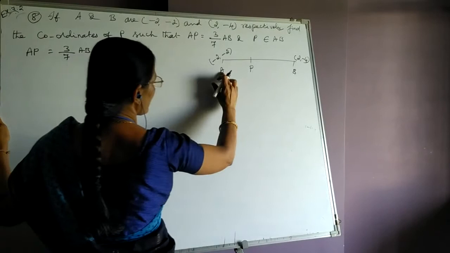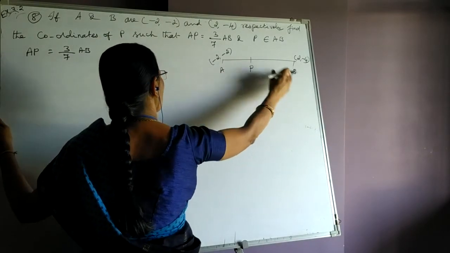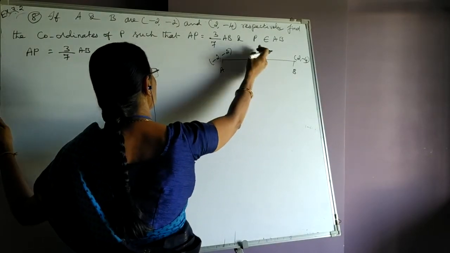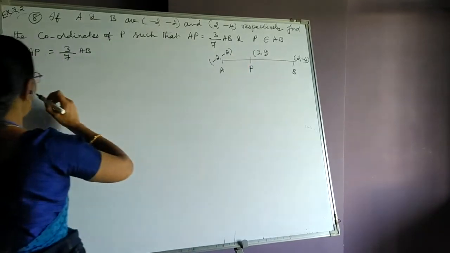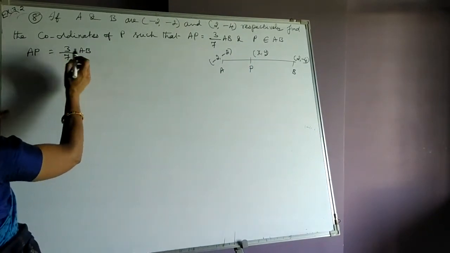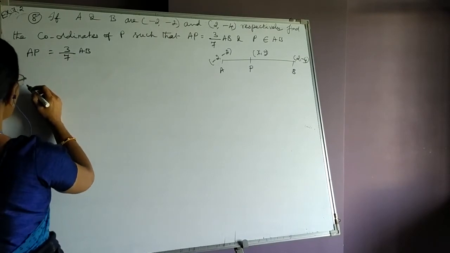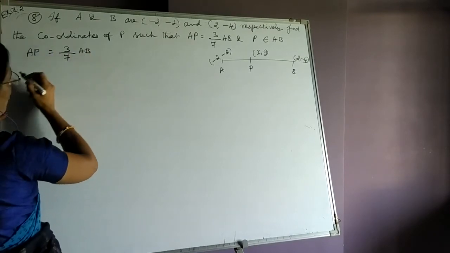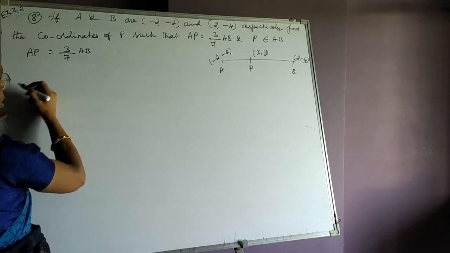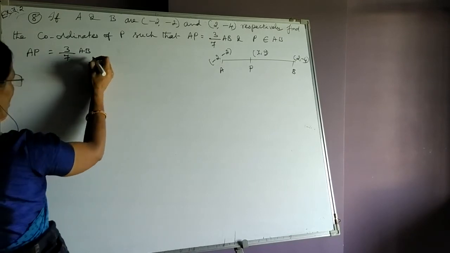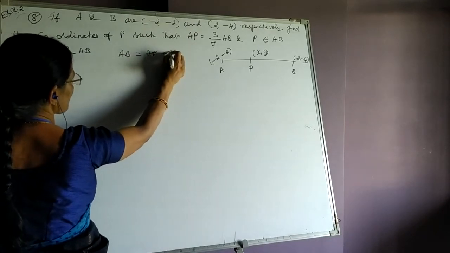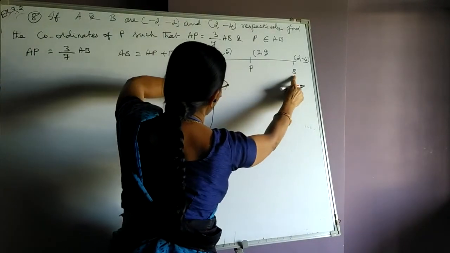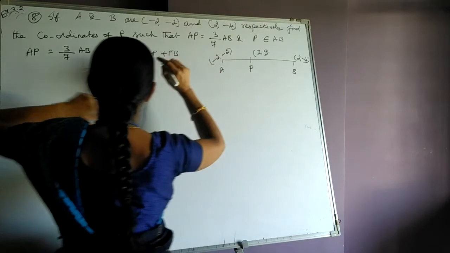It need not be a midpoint, but it is a point on AB. If we are given the ratio of AP and PB, we can take it as M1 and M2 and, using the section formula, we can find it. But here the ratio between AP and AB is given, right? So if AP is 3 upon 7 times AB, what will be PB? Let us find out. We know AB is AP plus PB, right? The total length can be expressed as AP plus PB.